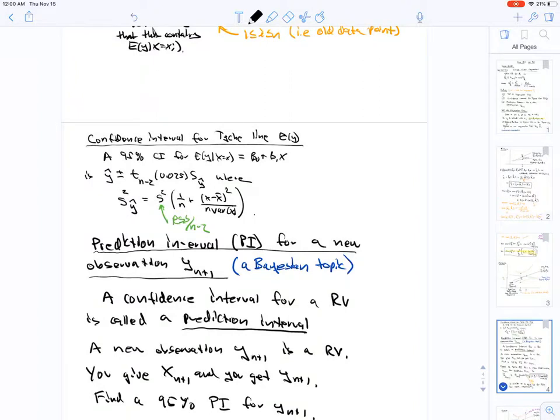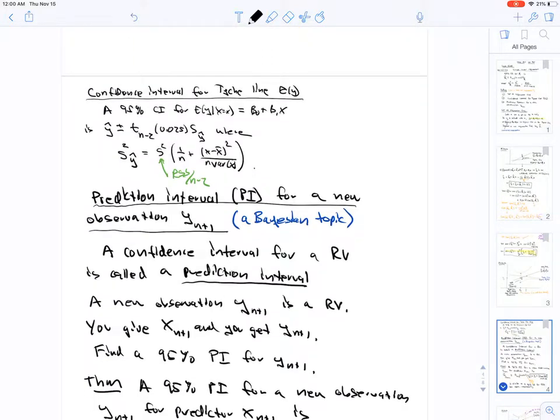So next we're going to talk about prediction interval for a new observation y n plus 1. This is a very Bayesian topic, since what we have now, y n plus 1, is a random variable, and a confidence interval for a random variable is called a prediction interval.